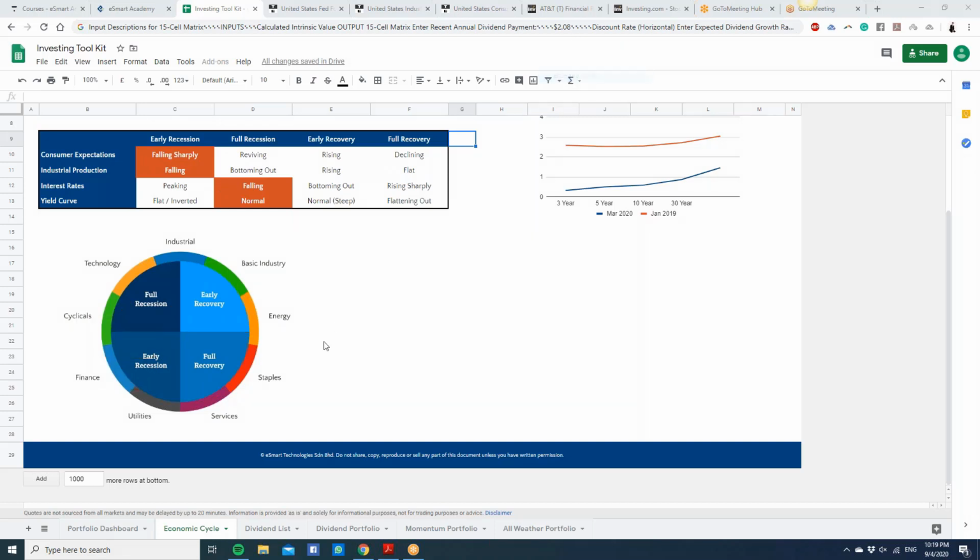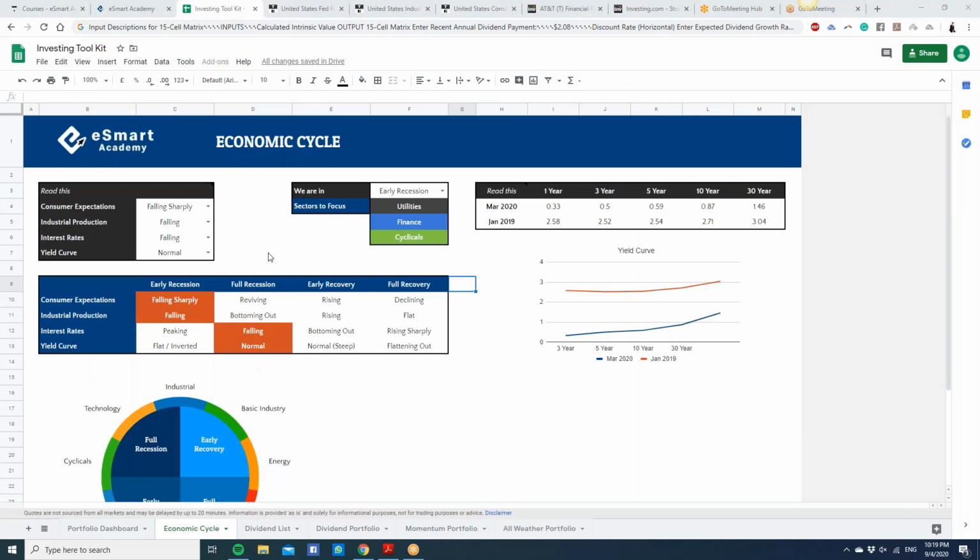Then what you need to do next is to understand that we are now in early recession, so you pick this. We are in between these two, so you either choose early or full. Sometimes you have 2 here, 2 here, half and half. Sometimes you might have 3 and then 1, and it becomes clearer. So let's just pick early recession.